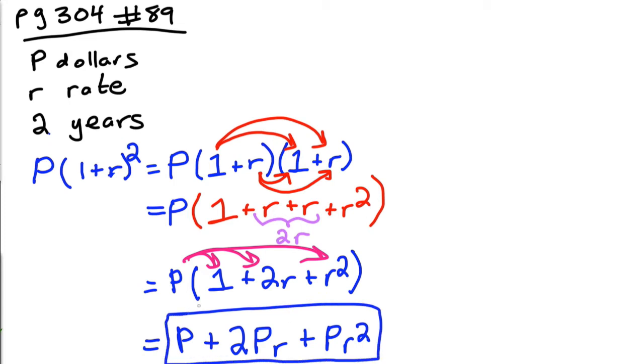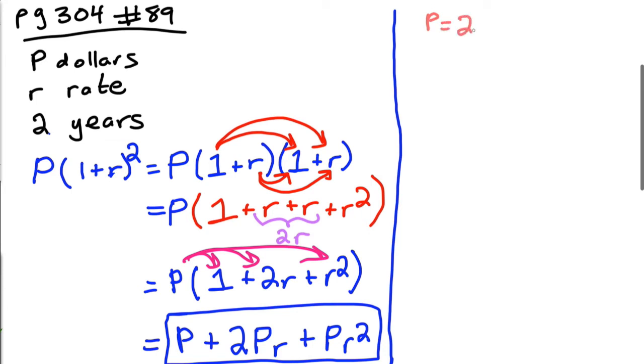Now in the next 2 parts, it gives us some actual numbers and asks us to find the value of the investment given the information. So that's just a matter of plugging in the values. In the first one, it gives us that P is equal to 200, and R is equal to 10%.